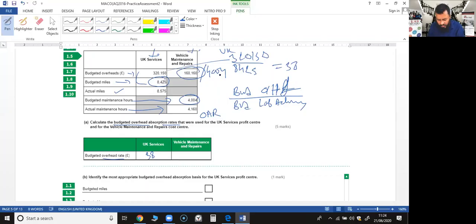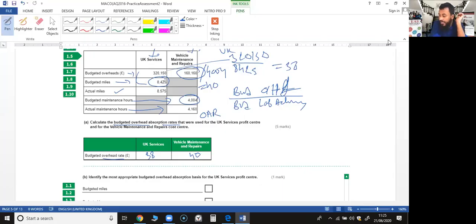What did I do? 160 divided by 4004, 40, yeah? Not 40.25, 40. Yeah, and that is your 40. That's how quickly you can generate these marks. Okay, people? And let me put it up here.